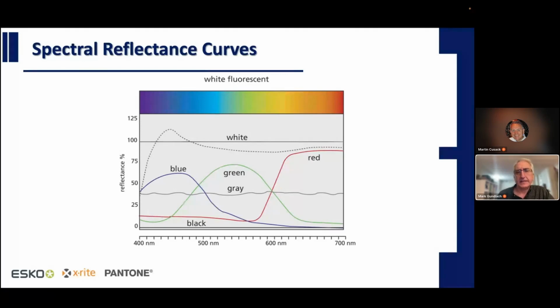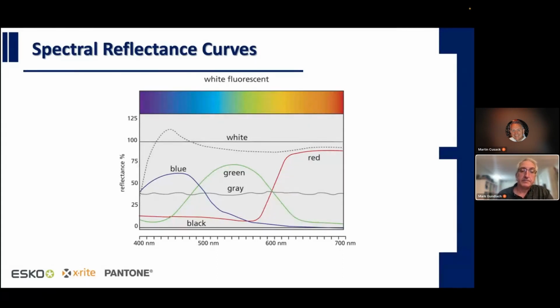Now, you see that dotted line there. You may be wondering, why does that go way above 100 on the left side? That's the UV bump. With optical brighteners on a white paper stock, it absorbs light outside of the visual spectrum and reflects it amplified on the left side there, which makes that box that I showed you earlier appear brighter.